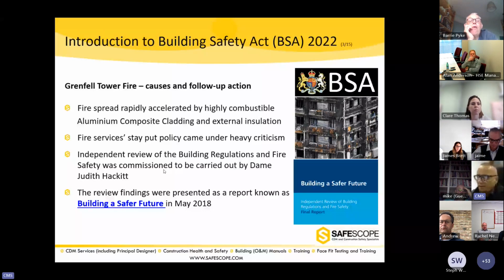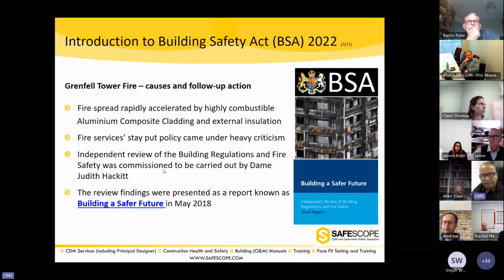And as most of us know, there was an independent review commissioned of the building regulations and fire safety requirements, because it was established early on that fire spread rapidly by the highly combustible aluminum composite cladding and external insulation that was used.